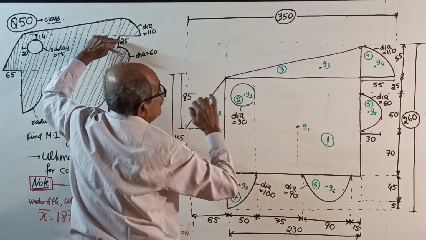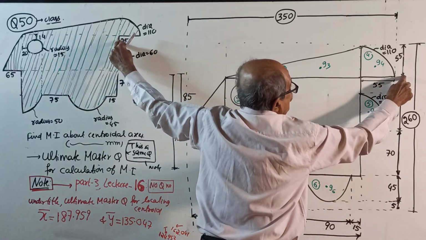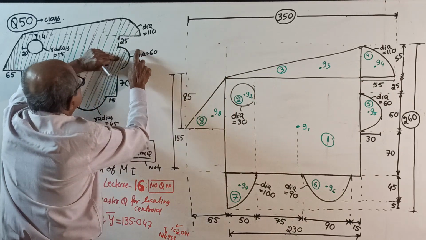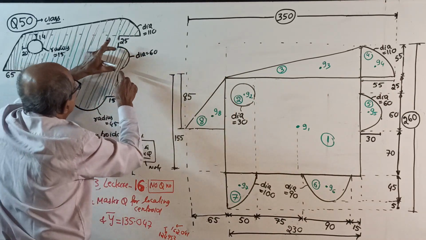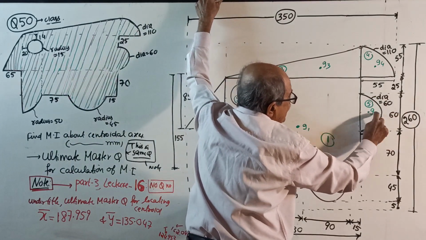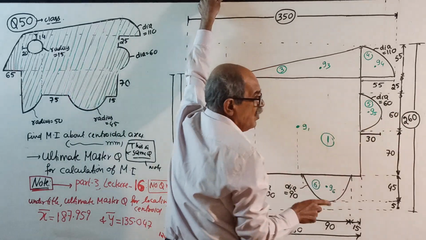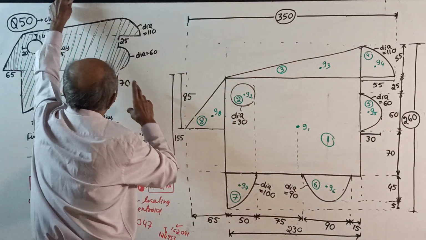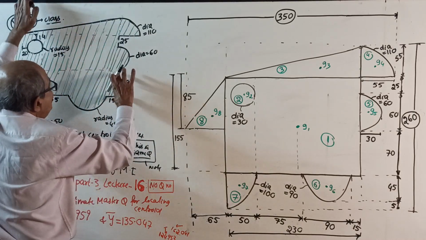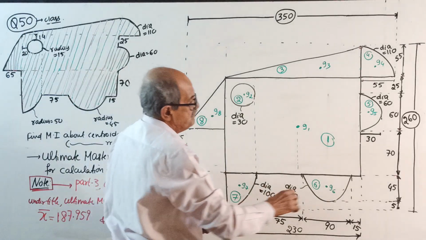This gap is given as 25. Dia given is 60, so the radius is 30. This is 70, given in the question.